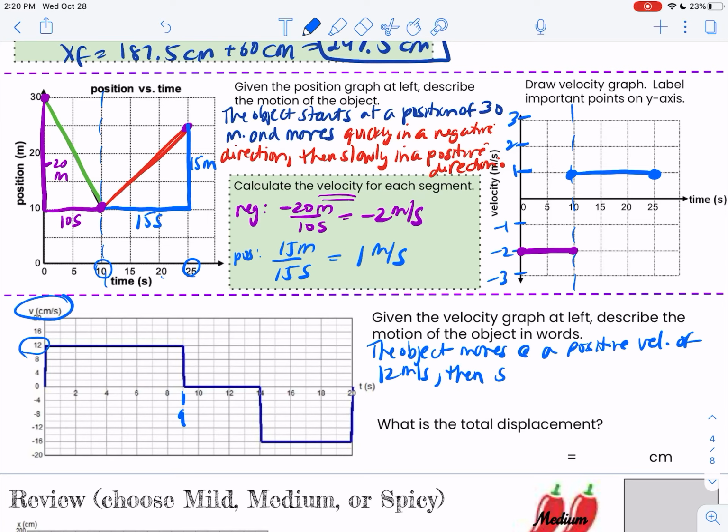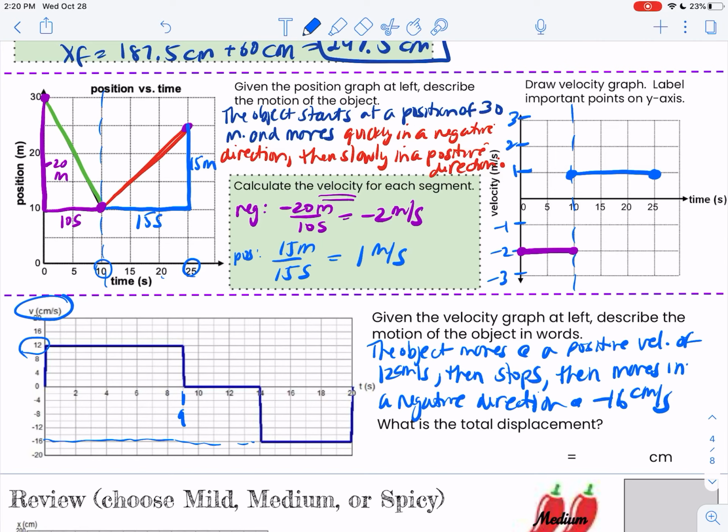Then stops, and I could say for 9 to 5 seconds, but you don't have to. Then moves in a negative direction at, okay, negative 16 centimeters per second. Sorry, it's not meters, centimeters.